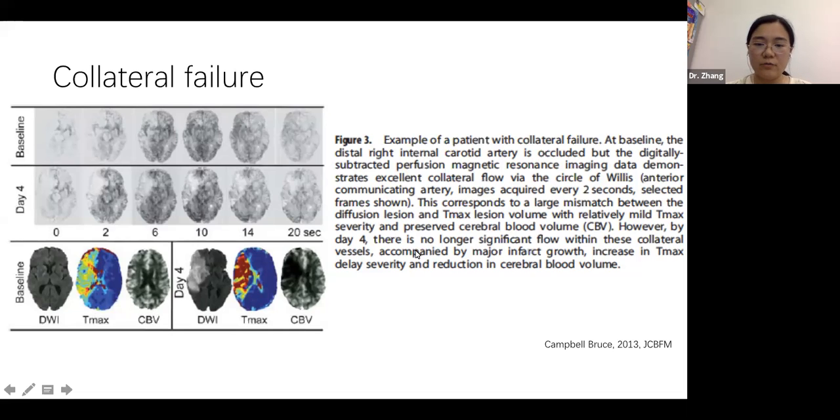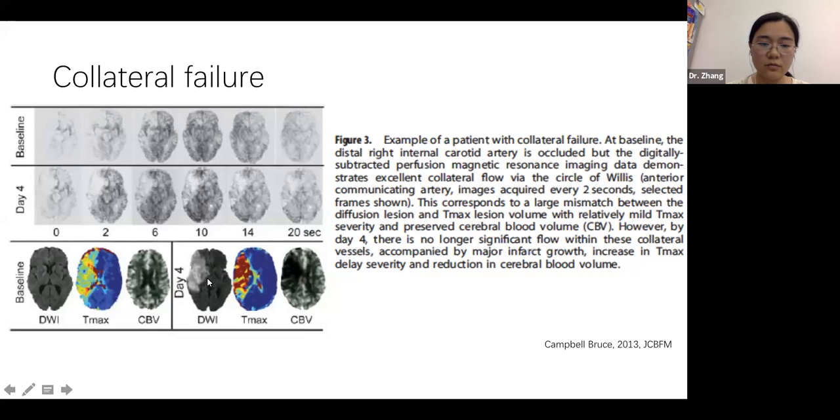However, by day 4, there is no longer significant flow within these collateral vessels. So we can see that this is 0 seconds, but to 20 seconds, this part has a significant perfusion deficit. There is no perfusion. It was also accompanied by major infarct growth.